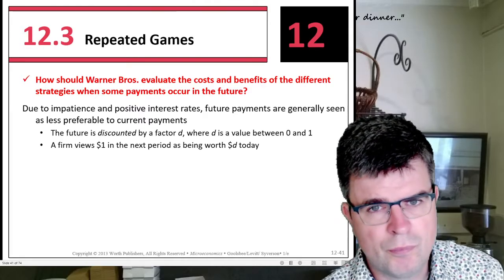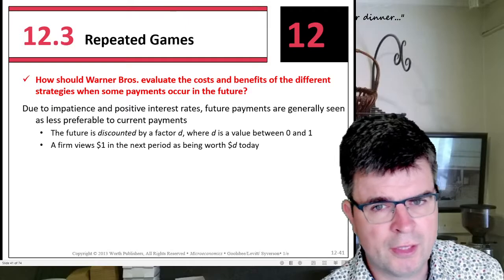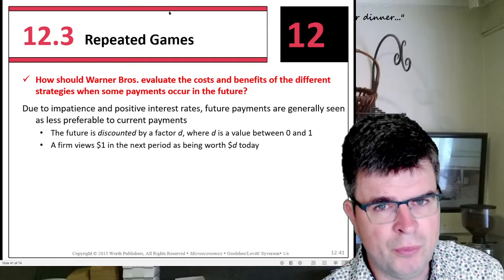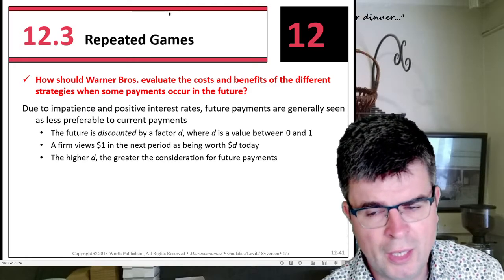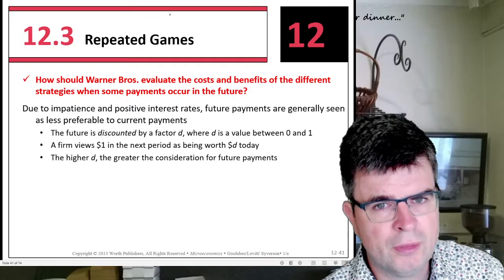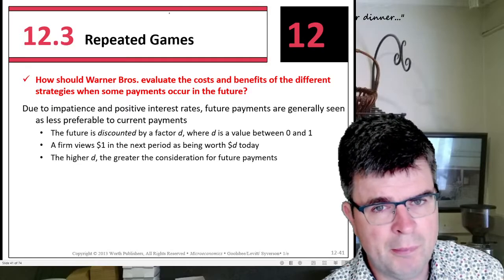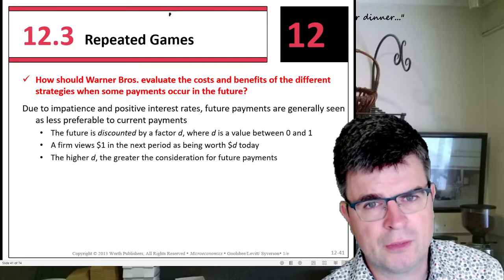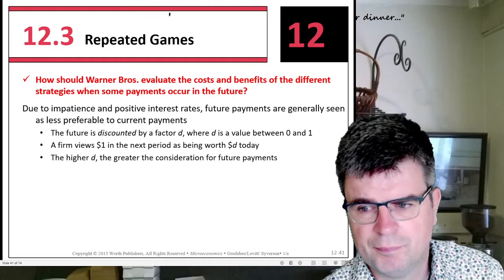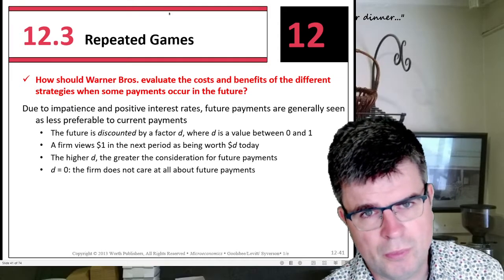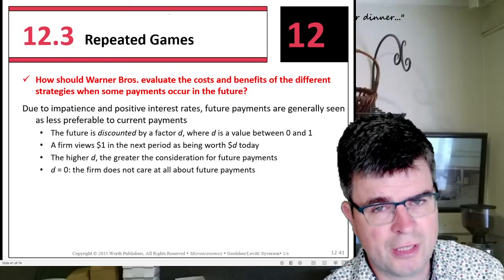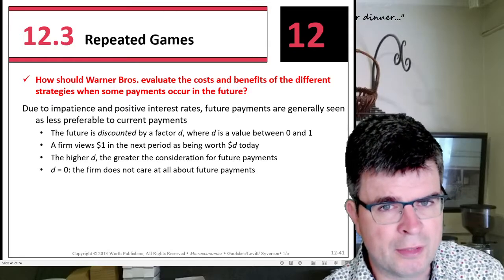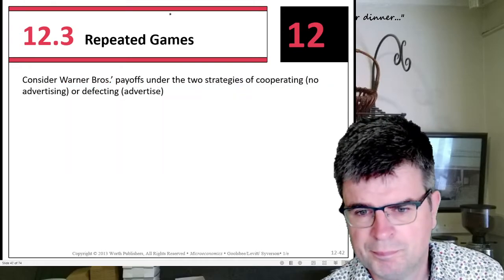A firm considers $1 in the next period as having a value of D in present value dollars. The higher D, the greater the consideration for future payments, the more the firm cares about its future payments. And if D is 0, the extreme case, the firm doesn't care at all for future periods. It discounts them completely and only cares about the payoffs today.